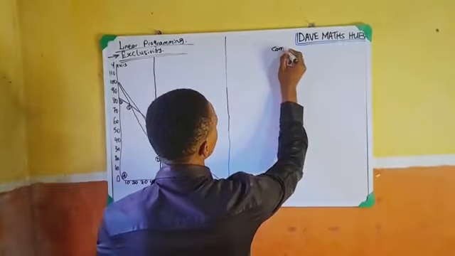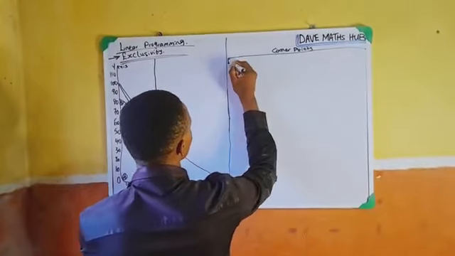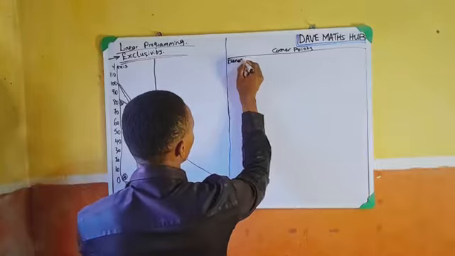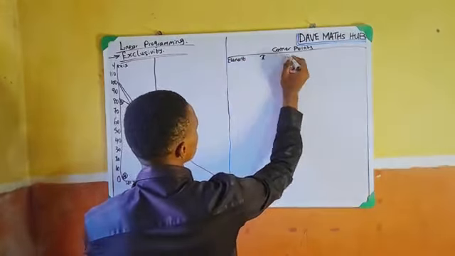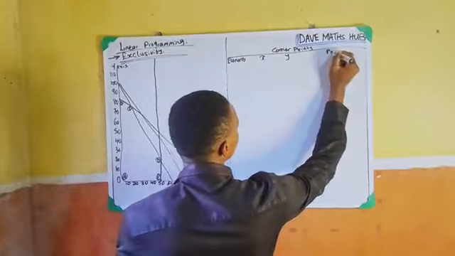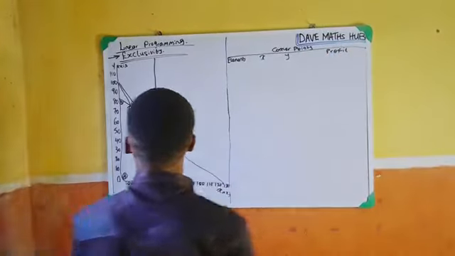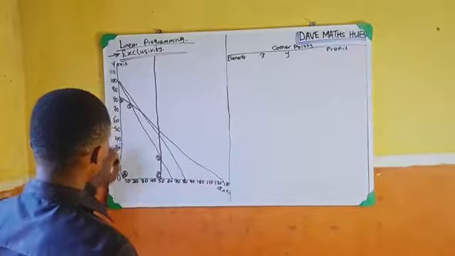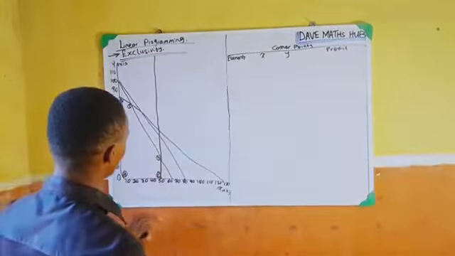Corner points will look like this. We have our elements, variables, and call it x, y, and profits. So we have elements A, B, C, D, and E, 5 elements.